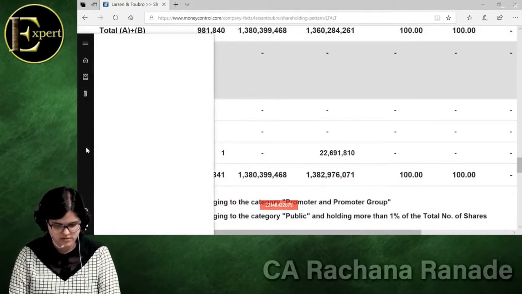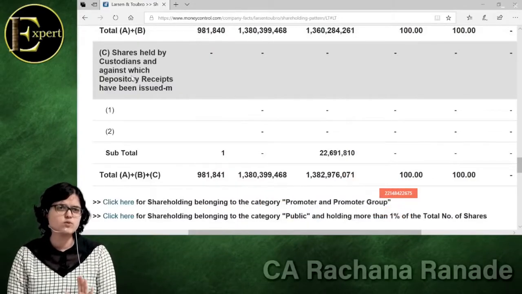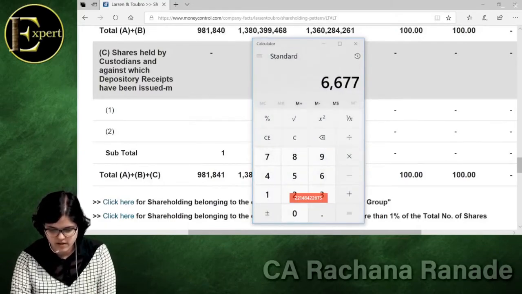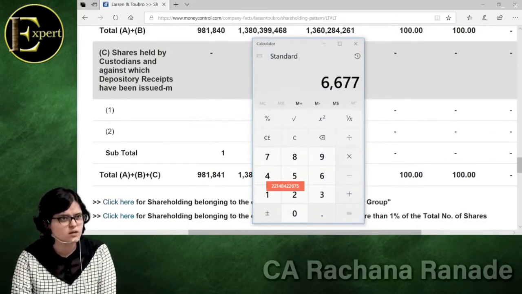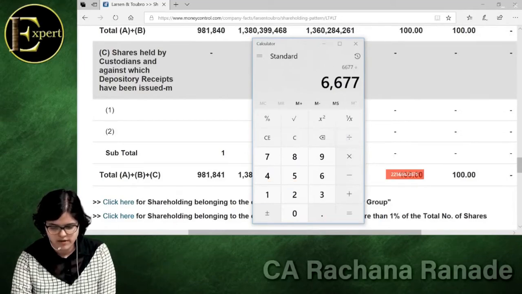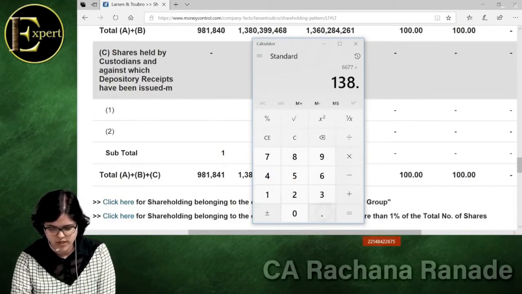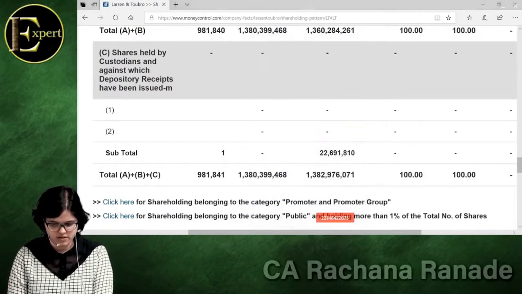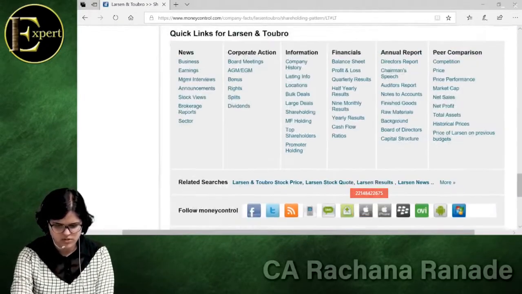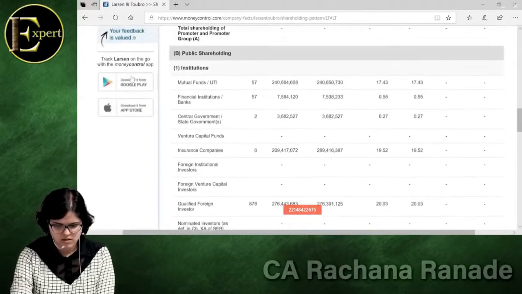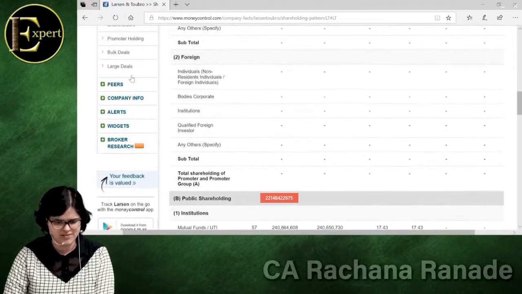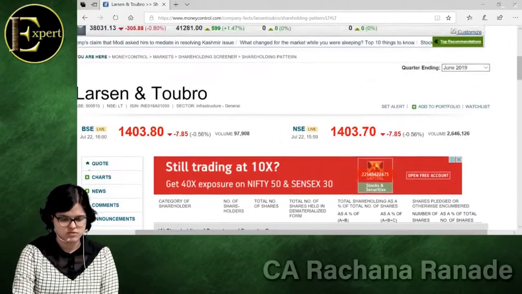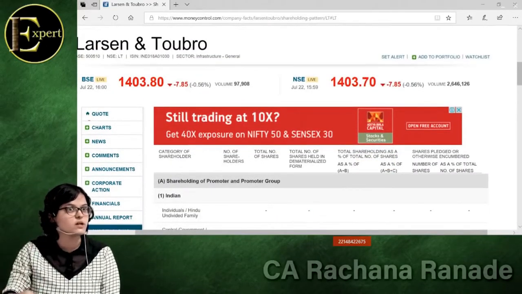Now let us try to get this. Roughly it should come around that. Tell me how much was the amount, 6677 point something? Divide by 138.04. We get 48.37. And how much had we got there? 47. So that's 1 rupee, because we are rounding off, and it's rounding off in crores.